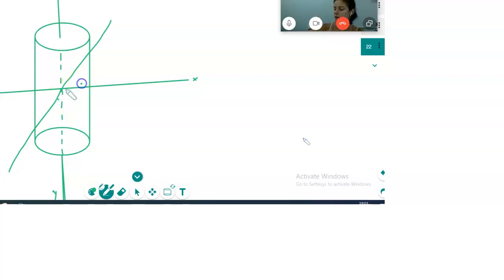So these two axes are perpendicular. Y and X are in the same plane with the cylinder, right?